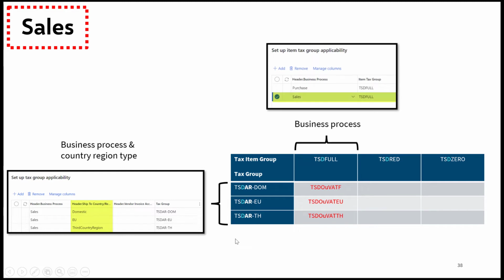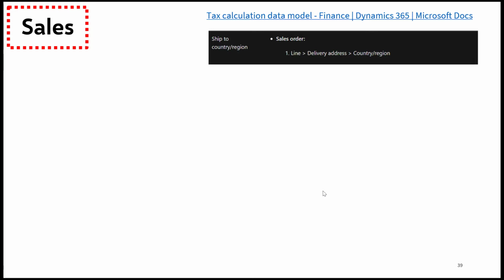Then when it comes to the item text group, I just have a configuration made that says for purchases and sales, always use this full text rate. And the combination of these two gives us then the correct text code that will be applied. Now, how does it determine the text code that will be used? That's something you can find on this Microsoft Docs website. Basically for sales orders, it looks at the delivery address of the country and region if you make use of the ship to country region field.